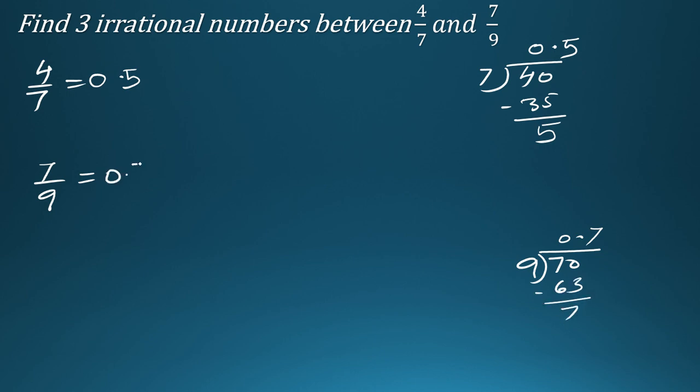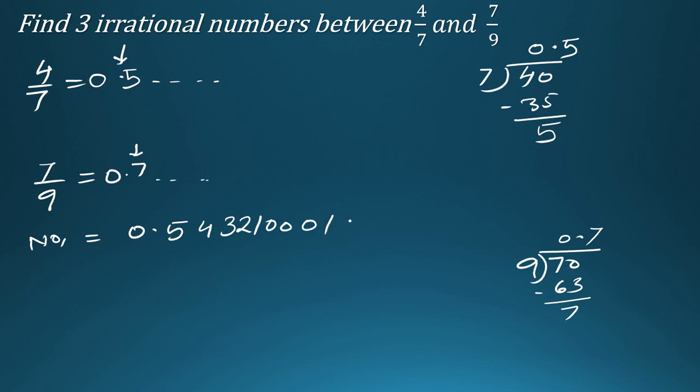So you see here we got 0.5, here we got 0.7. So again you can write, because the 10th place is different in both the numbers. Yes. So number 1 can be 0.543210001235019 like this.